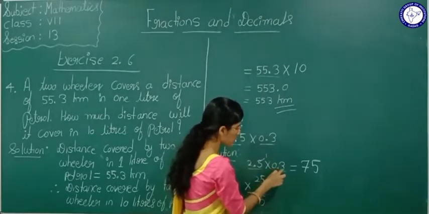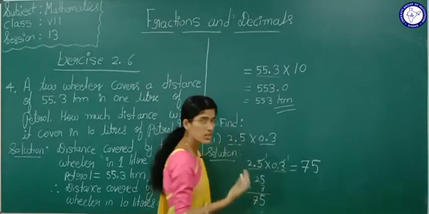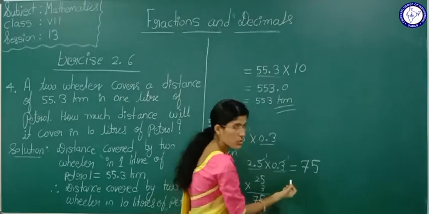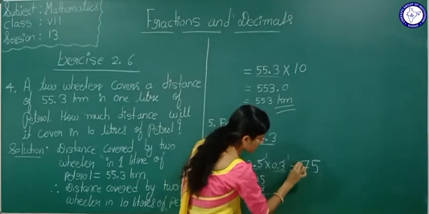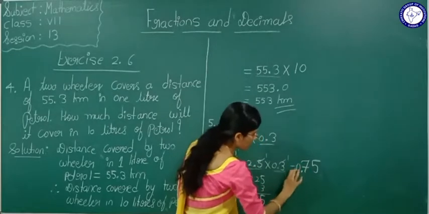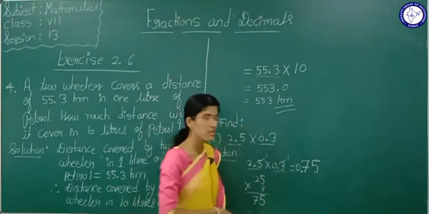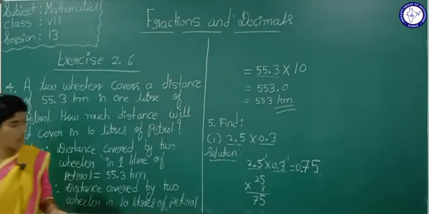After this decimal point how many digits are there? 1. 1 plus 1 is 2. From the back side, after 2 places you give the decimal point. 1, 2. Here it will come. That is nothing but 0.75. 2.5 into 0.3 is 0.75. So one more question we will see.